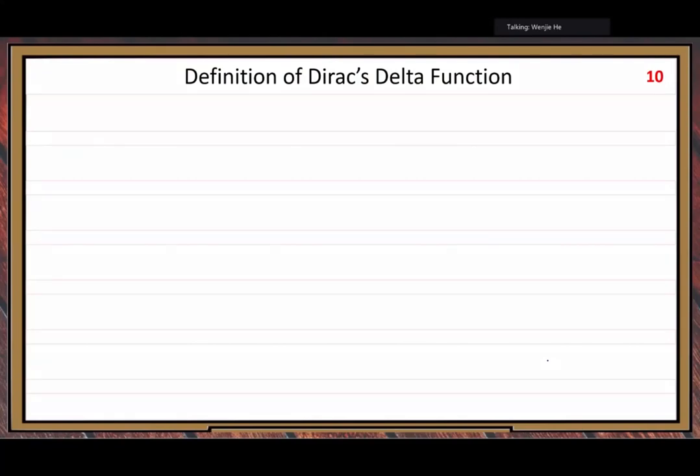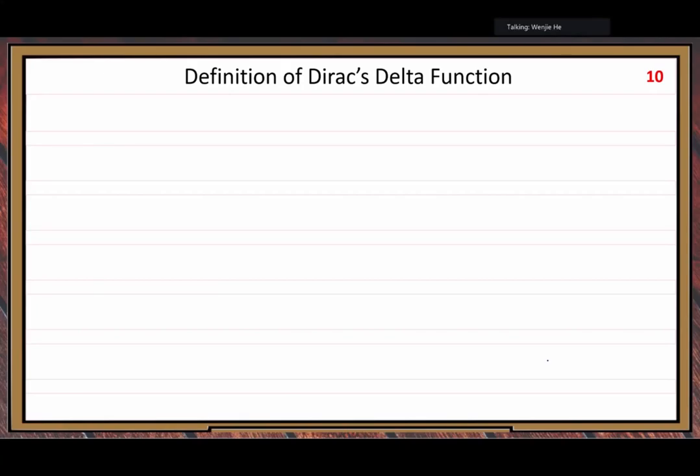The definition of Dirac's delta function. I mentioned before, this function is very special. So when we try to understand it, we really need to use our abstract thinking. Very abstract.